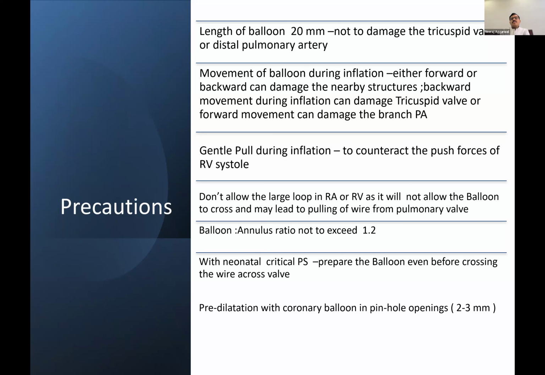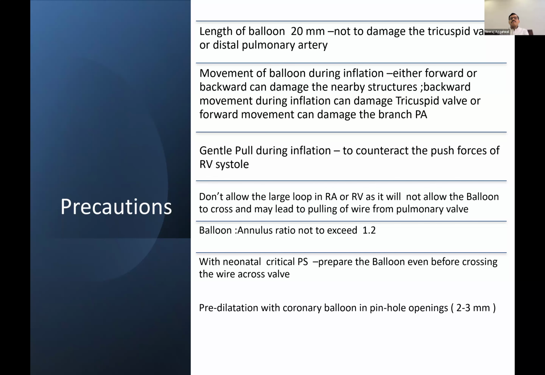Movement of the balloon during inflation happens either forward or backward, and it can damage the nearby structures. Normally the balloon will move forward because of the push of the RV. The RV is pushing the catheter towards the PA, so there is a high chance of moving anterior. So I keep a backward pull, but not too much, because it can cause damage to the tricuspid valve.